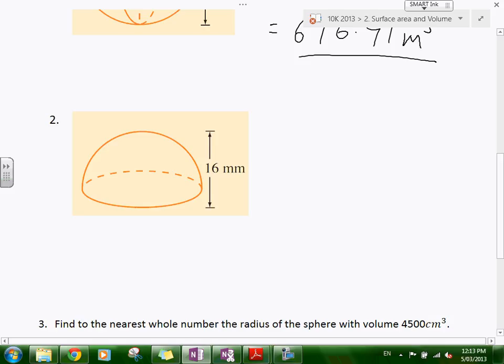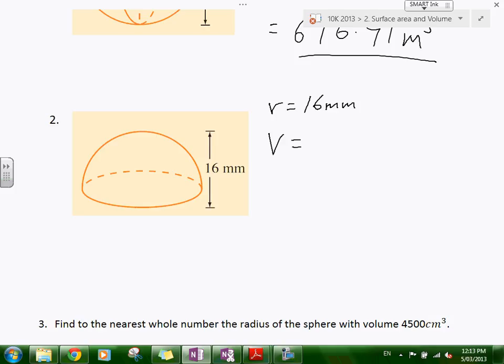So the radius equals 16 millimeters. If the volume of a complete sphere is 4 over 3 pi r cubed, what's the hemisphere going to be? Yeah, you divide it by 2. It's half of what you have.